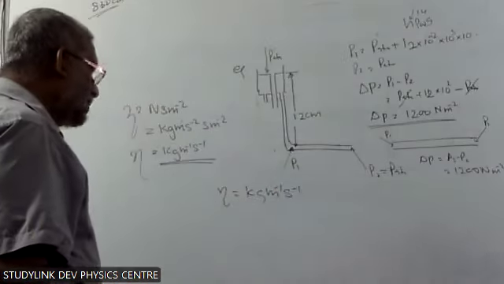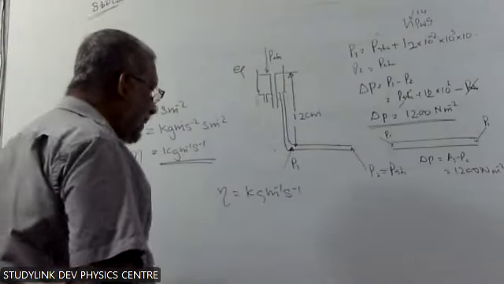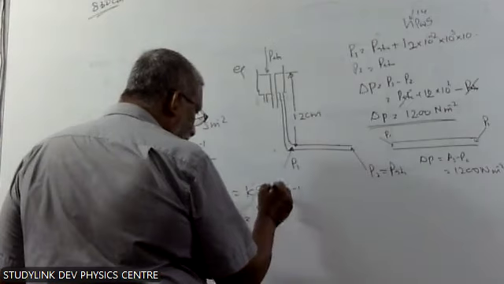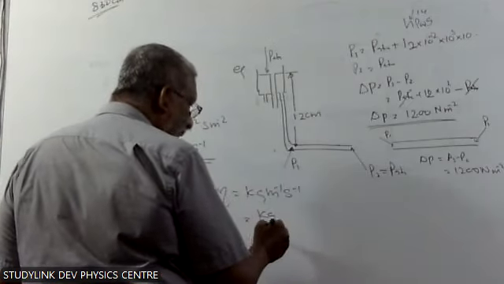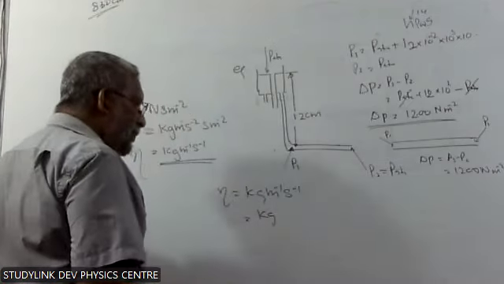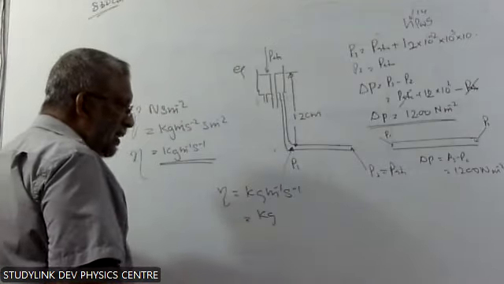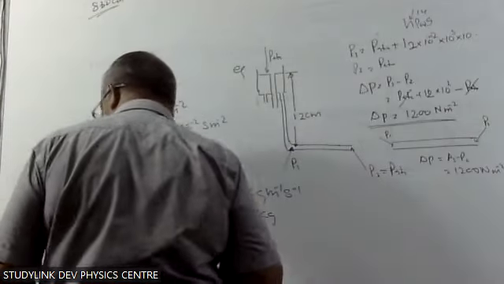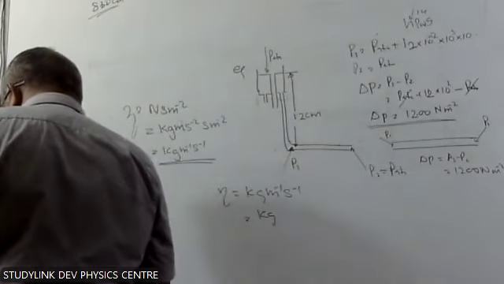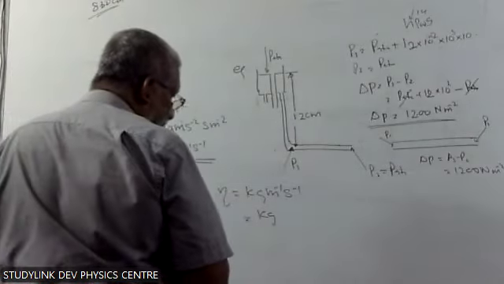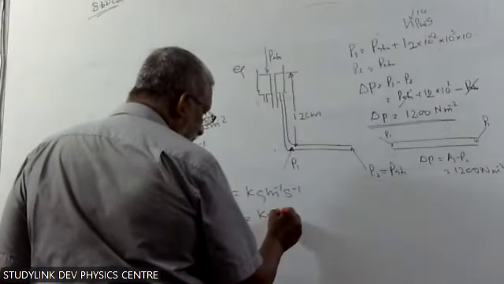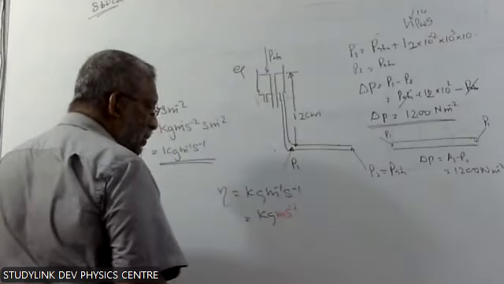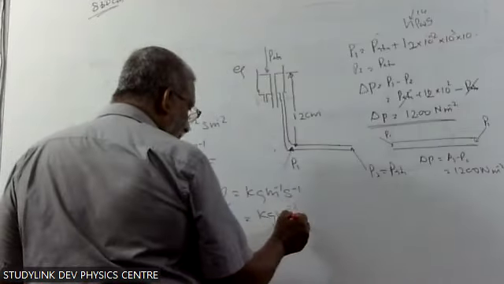If they ask to convert this to N s m^-1, what you do is kg, then we want to get m, s^-1, we want to make it Newtons. To make this one into Newton, I have to consider kg m s^-2, but I can't add like this.